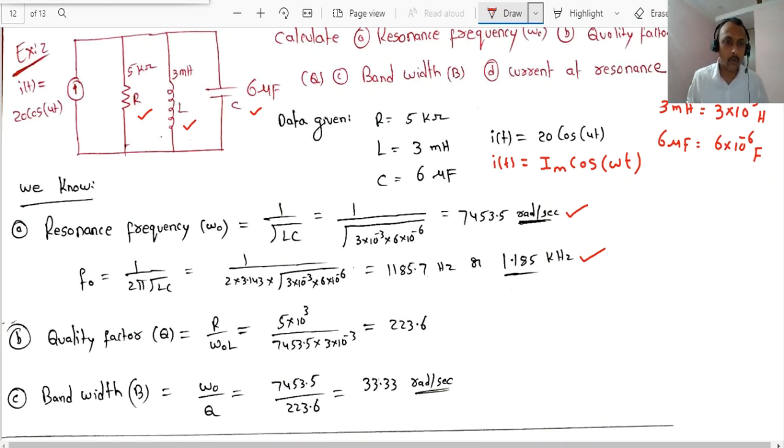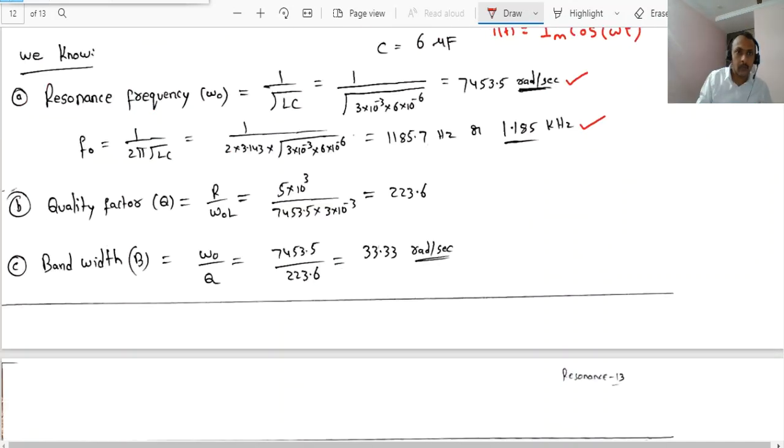Quality factor Q equals R by omega naught into L. What is R? So here, this is wrong. Quality factor Q equals, the mistake committed, it is omega naught L by R only. Okay, so that is the inverse of this one. 1 divided by 223.6 we will get.